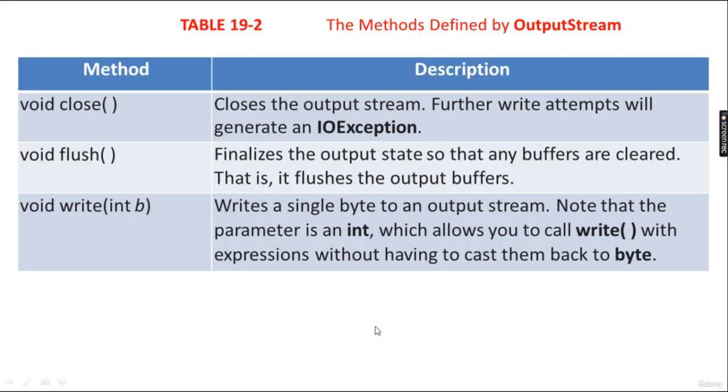OutputStream methods: void close() closes the output stream. Further write attempts will give you an IOException. void flush() finalizes the output state so that any buffers are cleared, that is, it flushes the output buffers. Whatever is there will be written to the output stream. void write(int b) writes a single byte to the output stream.